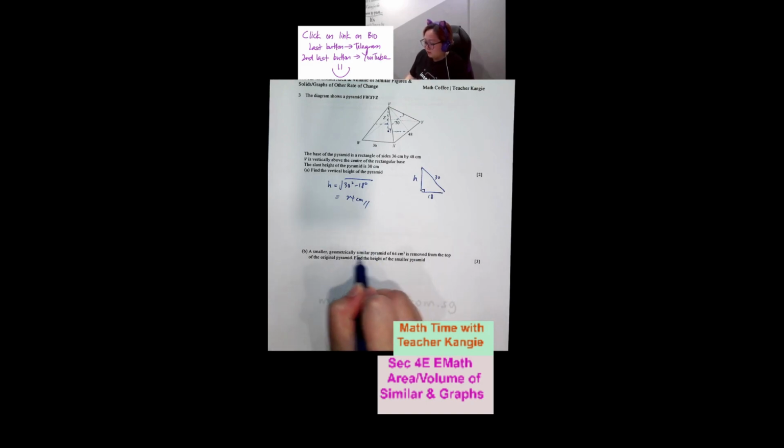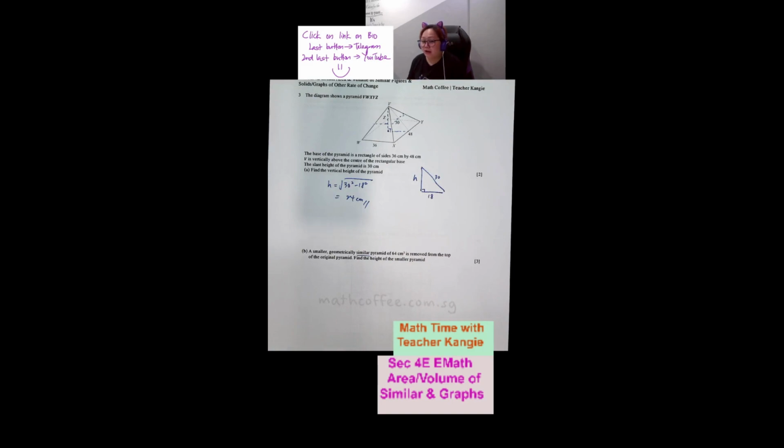So see, the keyword again, similar pyramid. So in order to find the height of the smaller pyramid, I need to find my volume ratio first. So now the question is, how am I going to find my volume ratio? I have the smaller V1, but I don't have my bigger V2.